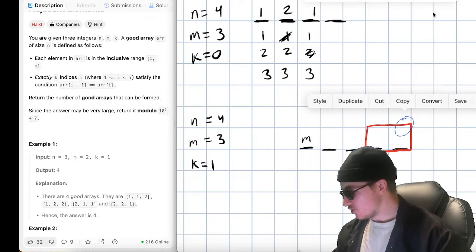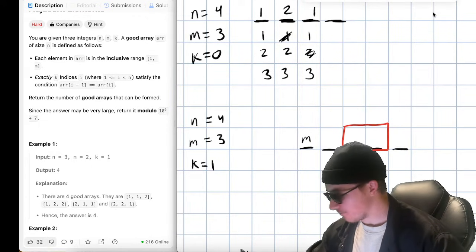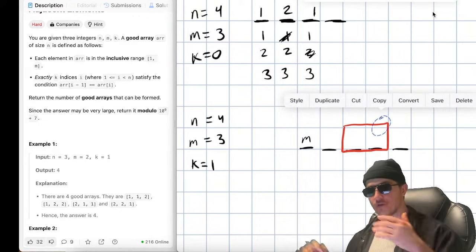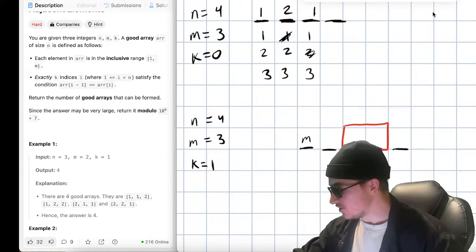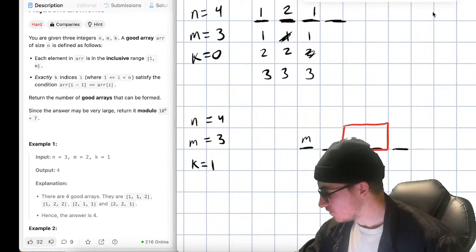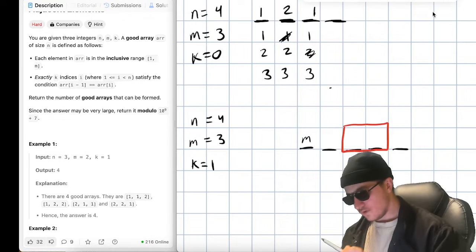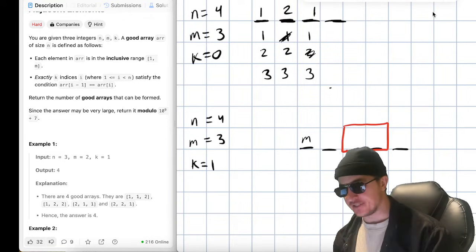So for example, let's just say generally that the elements were equal here. These two elements, how many options can there be?